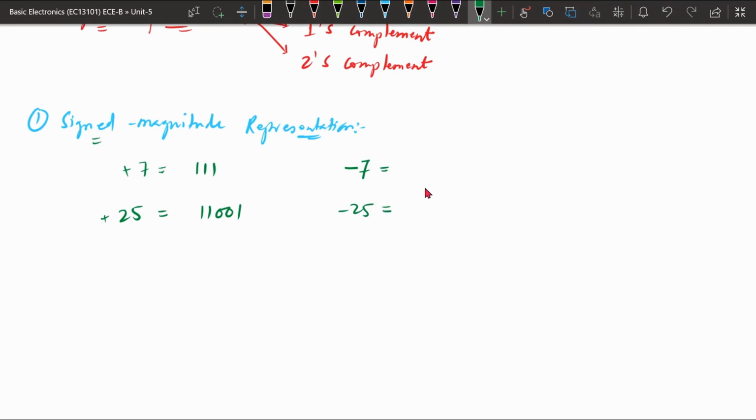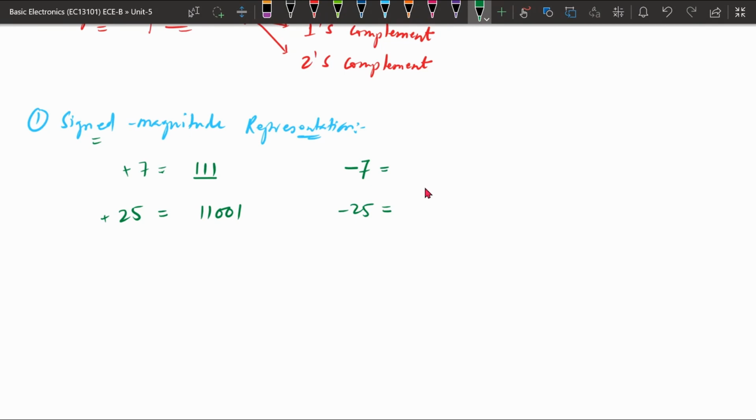Here, 7 can be represented by 3 binary bits, but to represent -7 we need one extra bit. So to represent the same number in signed magnitude representation, we need one extra binary digit.